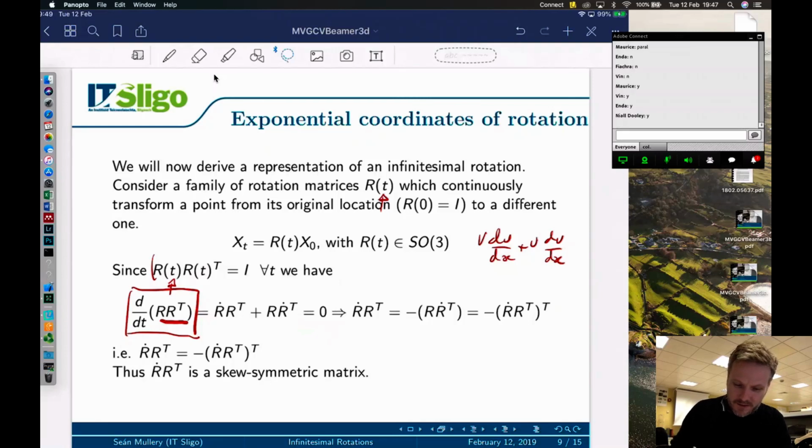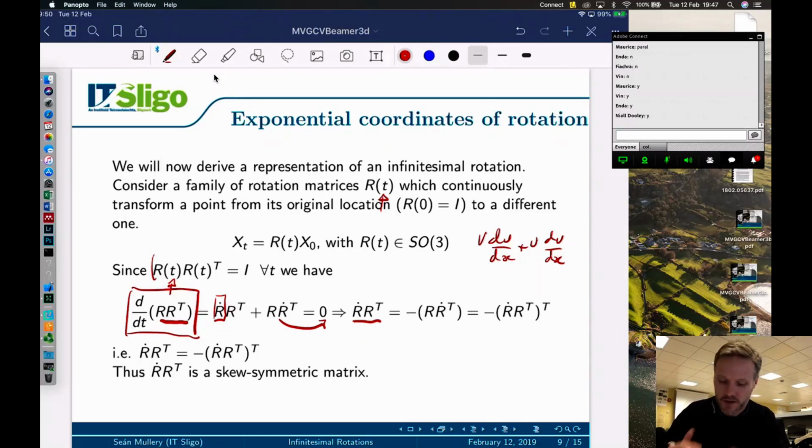So because of that, I can then move this over to the other side of the equals, where it's just a minus. Now that dot, by the way, in case you're not familiar with it, that little dot over that just means the derivative of it, so the derivative of that rotation matrix. It's a shorthand way of doing it.